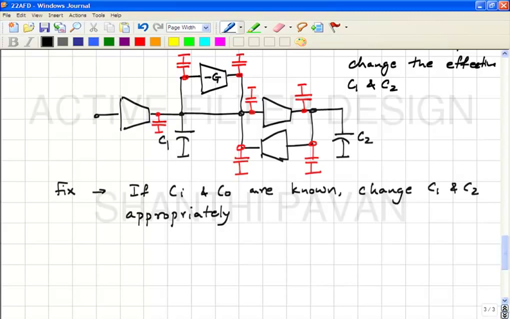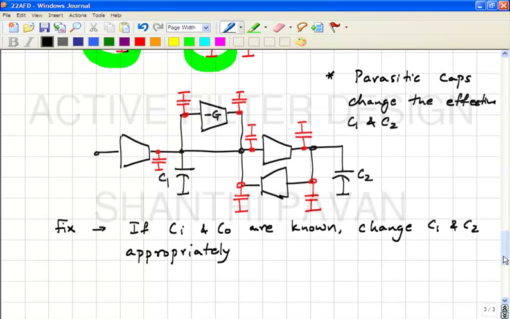Okay, all right. So even though capacitance at the input and output might seem like a big problem, you can see that at least a solution is possible. It's simply to tweak C1 and C2 so as to make the effective C1 and C2 what you want them to be.